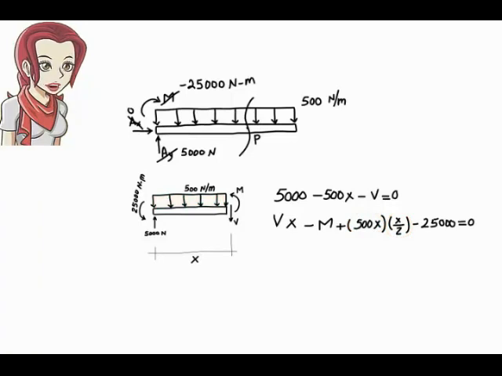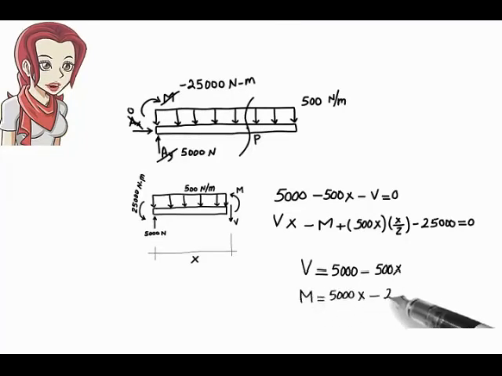Solving these equations for V and M in terms of x, we get V equals 5,000 minus 500x. M equals 5,000x minus 250x squared minus 25,000.